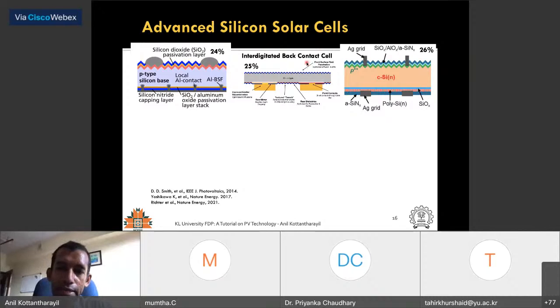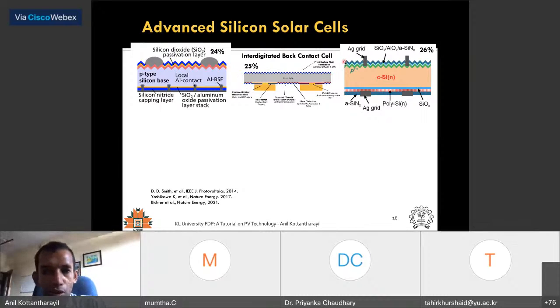In a normal cell, the light that is falling on the metal will be reflected back, right? Because metal usually reflects light. So this part of the sunlight cannot be converted to electricity because it's reflected back. In this case, that is avoided. Light that is falling here would actually be going into the silicon.